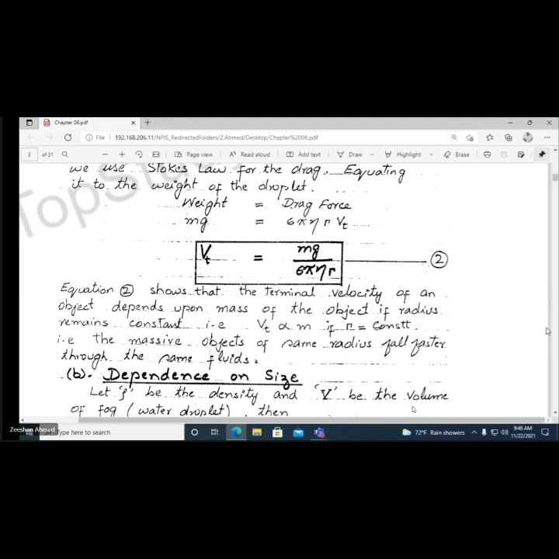The topic name is terminal velocity. So we can find out from here, v will become mg divided by 6 pi eta r. Clear? So this is the relation for terminal velocity. You can also put a small t so that you can remember that this velocity is for terminal velocity.